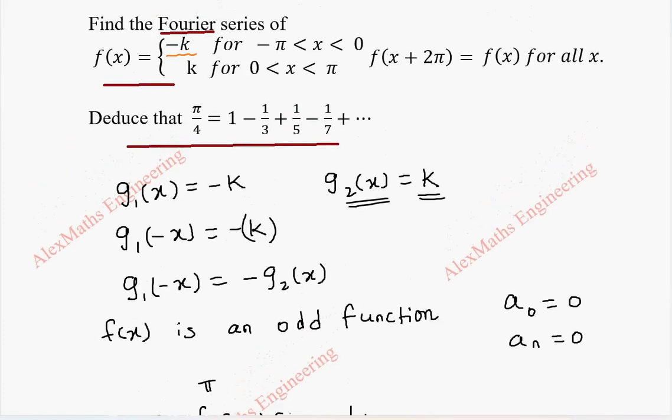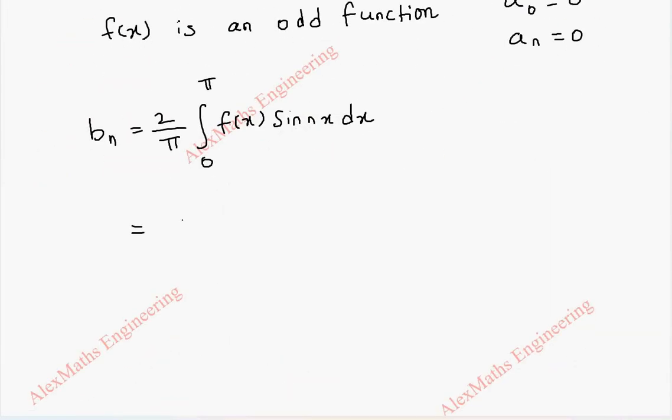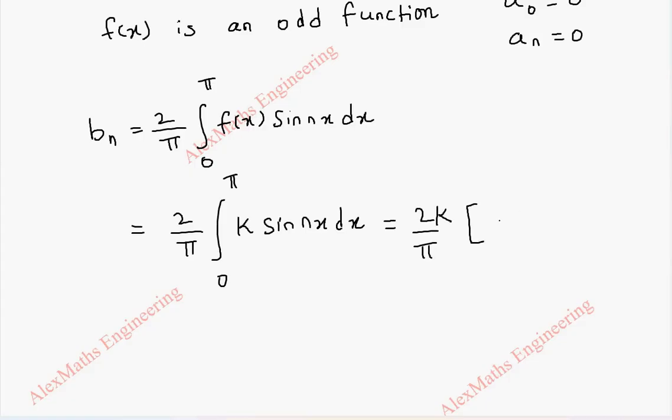Now from 0 to pi, we have the function f of x as k. So this is 2 by pi integral 0 to pi k into sin nx dx. So this becomes 2 by pi, k is a constant taken out, and integration of sin is minus cos nx by n, and our limit is from 0 to pi.